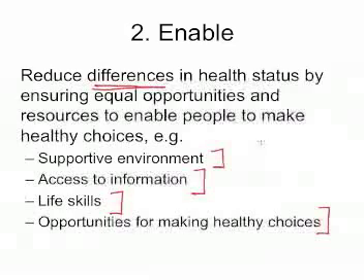Okay, so if we take the fish analogy, we might say that we need to give people access to information, so information about which fish you can eat and what fish you should avoid. A supportive environment, so that the marketing of fish, for example, actually facilitates flow of this information.